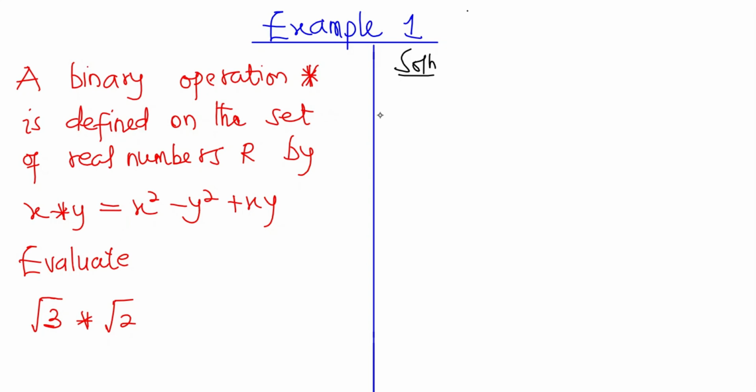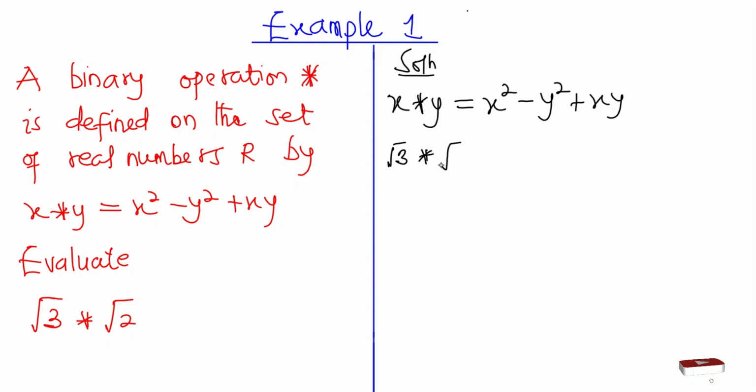Now, given the operation or rule as x star y, which is equal to x squared minus y squared plus xy, we are going to use this rule to find square root of 3 star square root of 2.